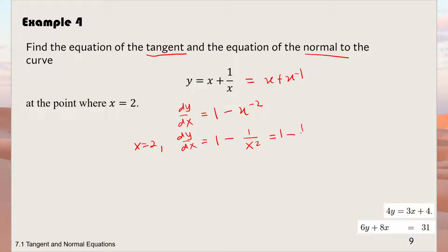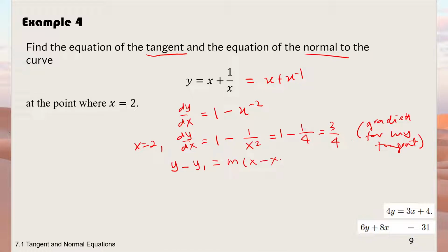So 1 minus 1 over 4 actually is 3 over 4. And this one is the gradient for my tangent. Okay, so y minus y1 equals m times x minus x1.